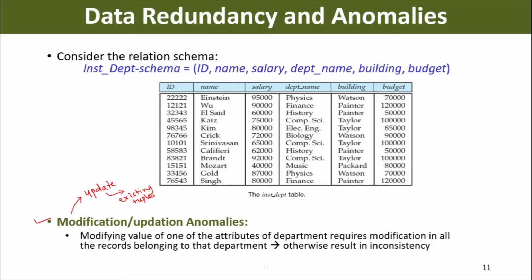Modifying the value of one of the attributes of the department requires modification in all the records belonging to that department. What does this mean? Here we are having redundancy. In this design we are having redundancy, and this redundancy is with respect to the department attributes.